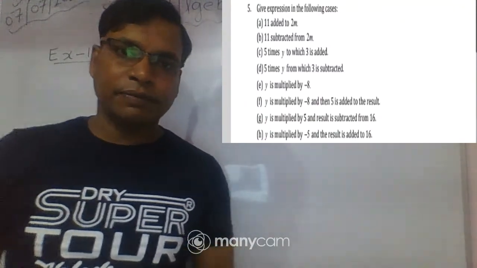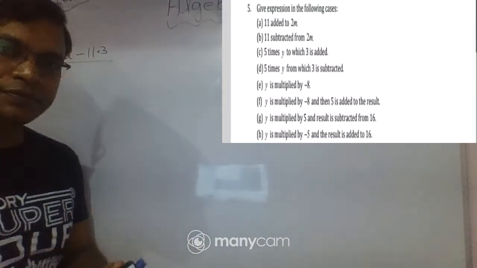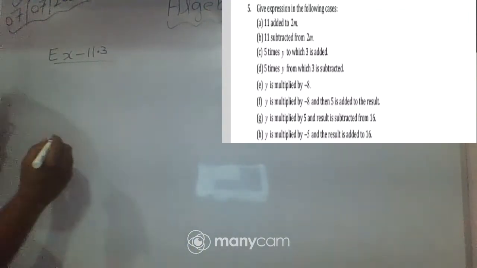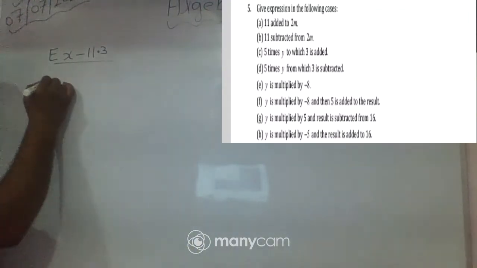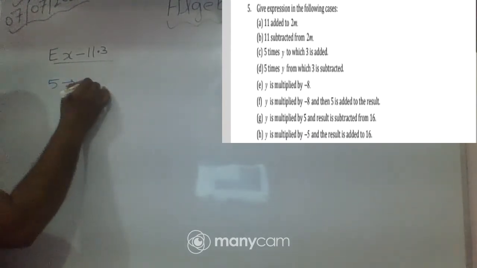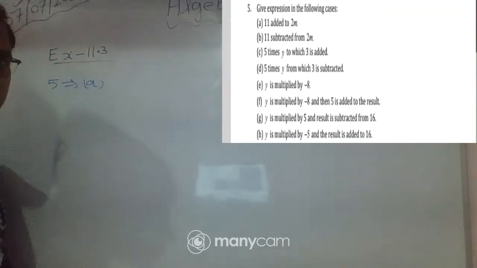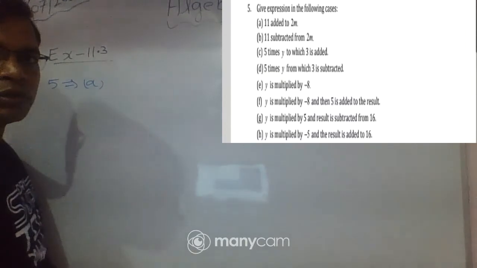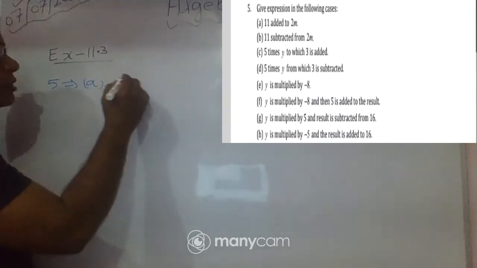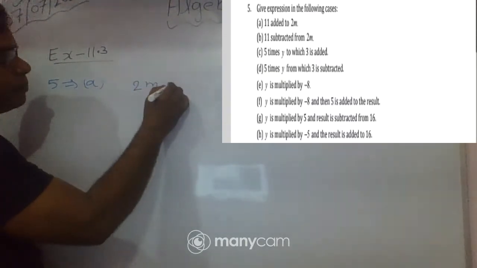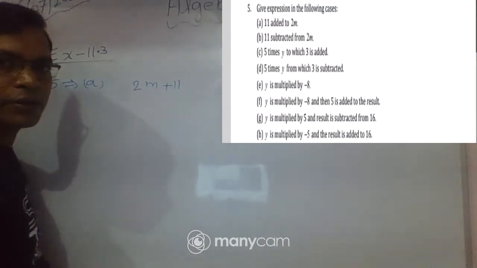So question number 5, part A. This is given 11 added to 2m. So it becomes 2m plus 11. Okay.